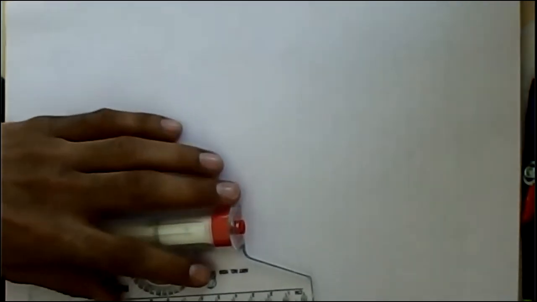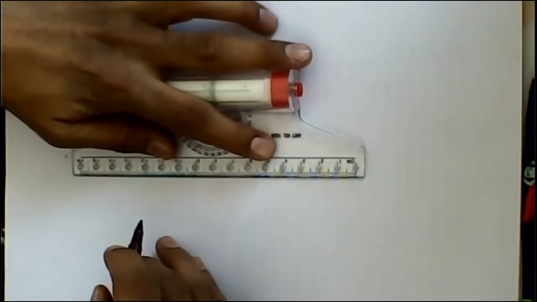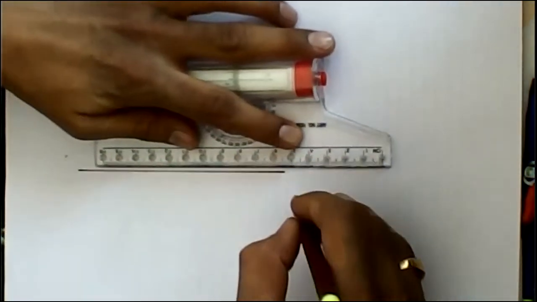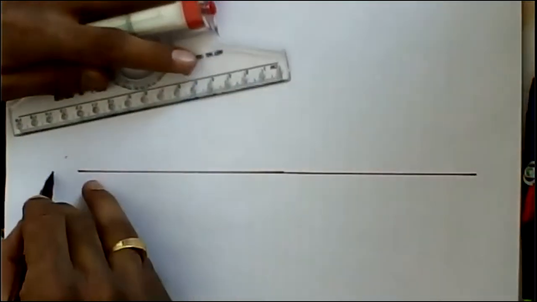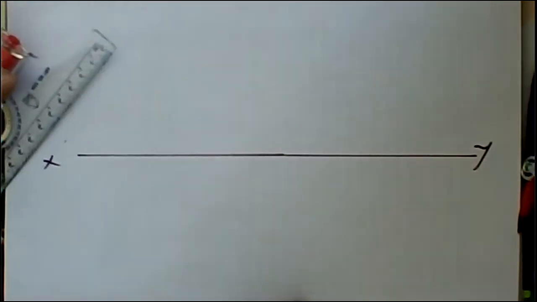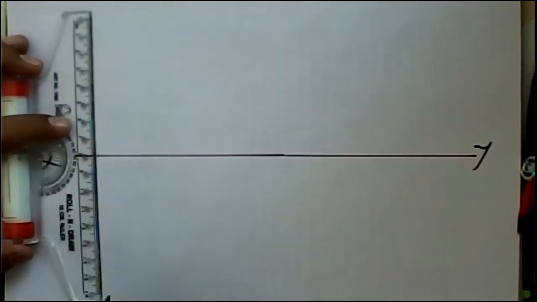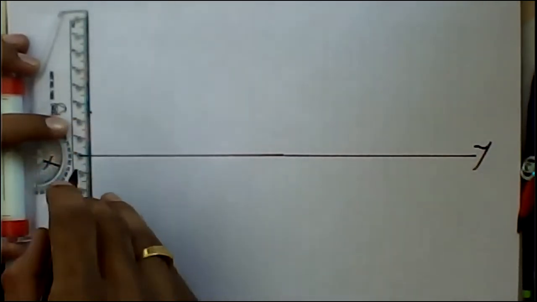Okay, so I'll be first drafting a reference line XY. XY reference is there. Point P is 25 mm above HP. So let me take a 25 mm point position over here.